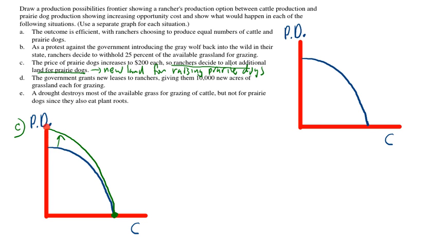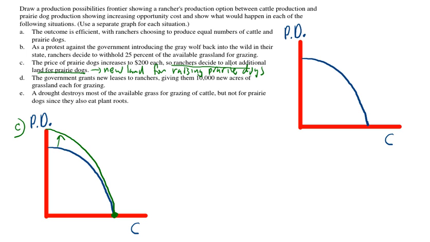Is that helping or not helping, Hala? The part that I don't understand is the arrow, the new arrow. Say that one more time, please. The new arrow in the graph. Yeah, so the arrow shows that the graph shifted outward. The possible production of cattle and prairie dogs has now shifted outward, where for any amount of cattle, now we're capable of producing more prairie dogs.